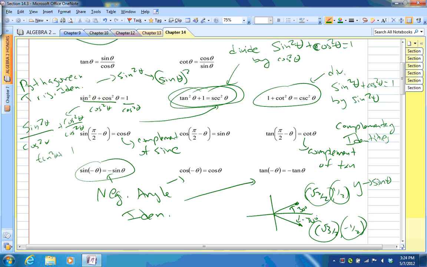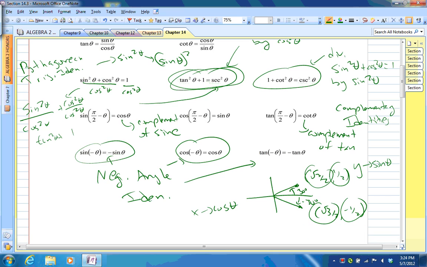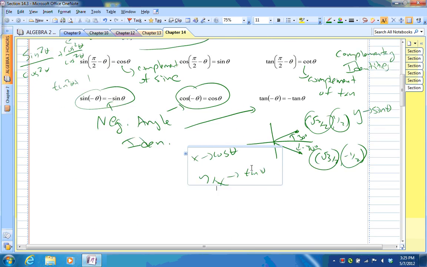But the x-coordinates, because x is cos theta, stay the same. So cos of negative theta is still cosine theta. And lastly, tangent is y over x. The x values stay the same at 30 degrees, but the y values obviously change sign, so naturally tan of negative theta would be negative tan theta. We'll use these identities to do the problems that follow.